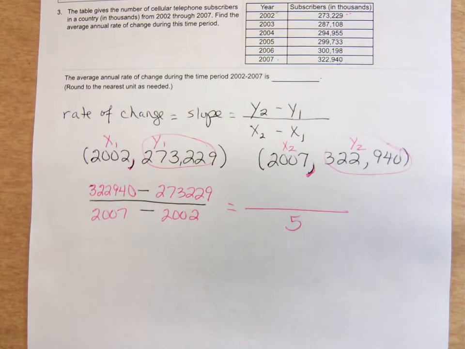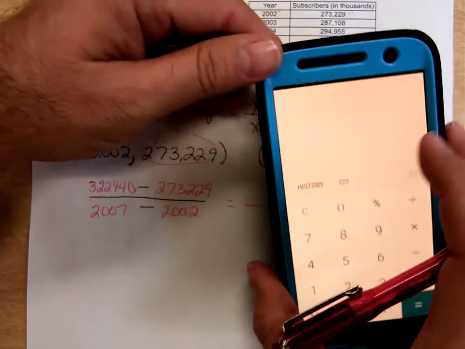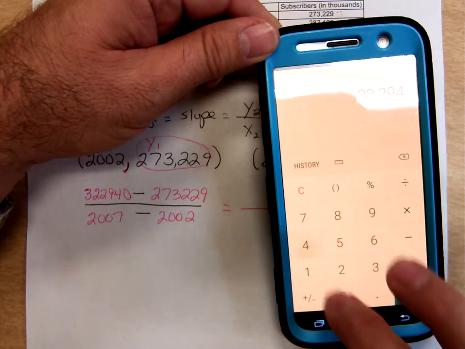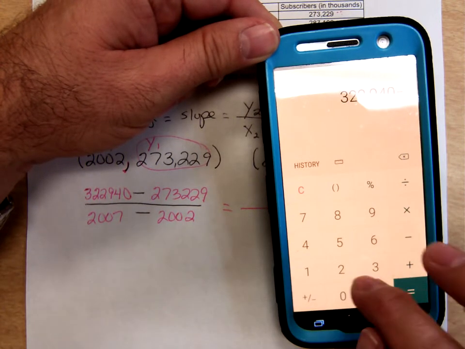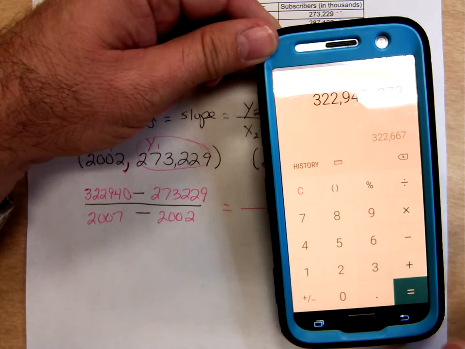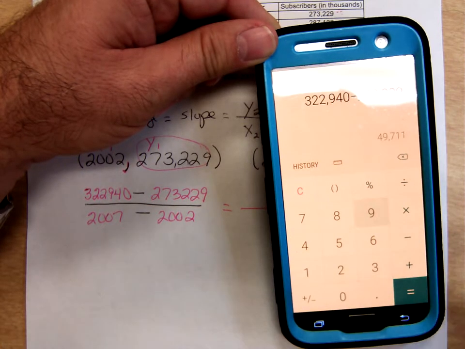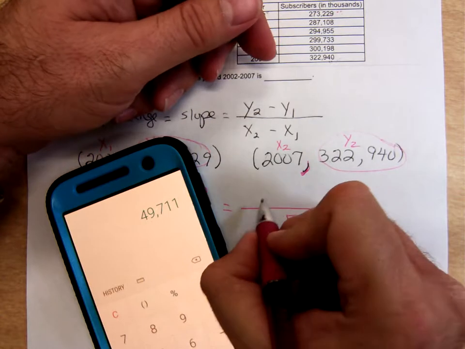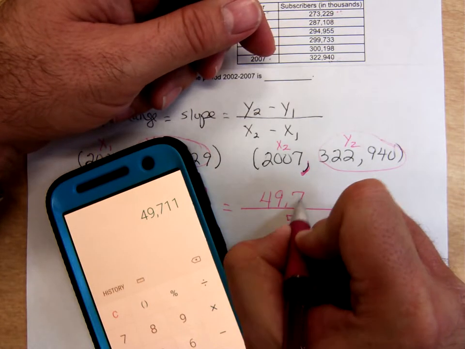Now let me pull up my calculator again, and here we go. 322,940 minus 273,229. That would be 49,711.